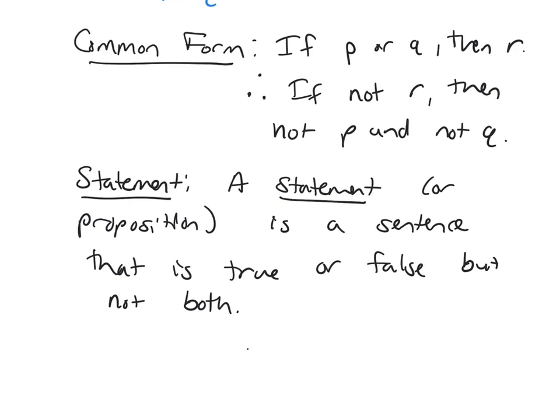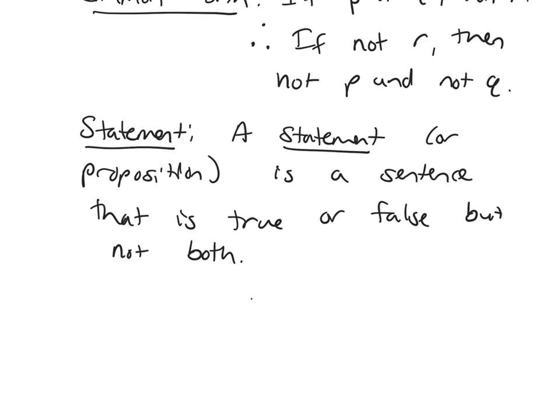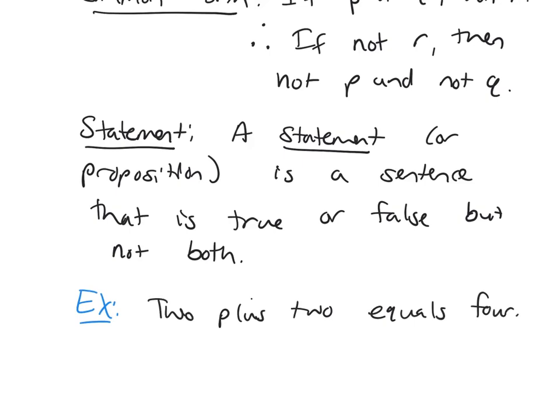So let's look at a few examples here. Let's say I say 2 plus 2 equals 4. This is a sentence, and hopefully we can all agree that this sentence is true.